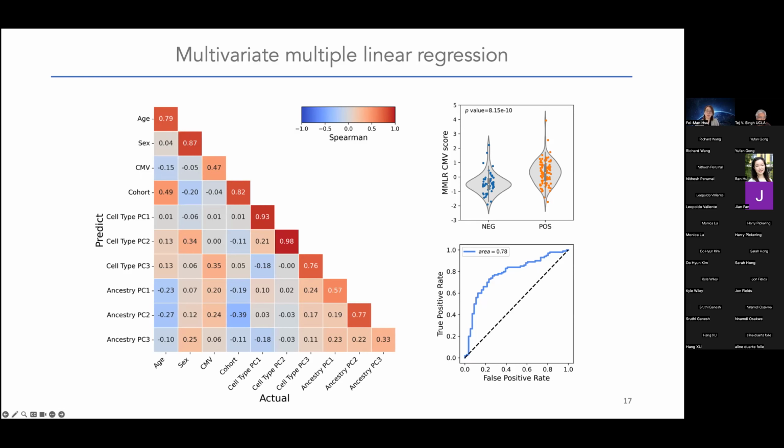Here you can see the estimated values for CMV serostatus are lower in the serostatus-negative patients and higher in the CMV positive patients. The receiver operating characteristic curve shows the area under the curve to be 0.78, which means this model, with the CMV epi scores, does have predictive power for the true CMV serostatus.